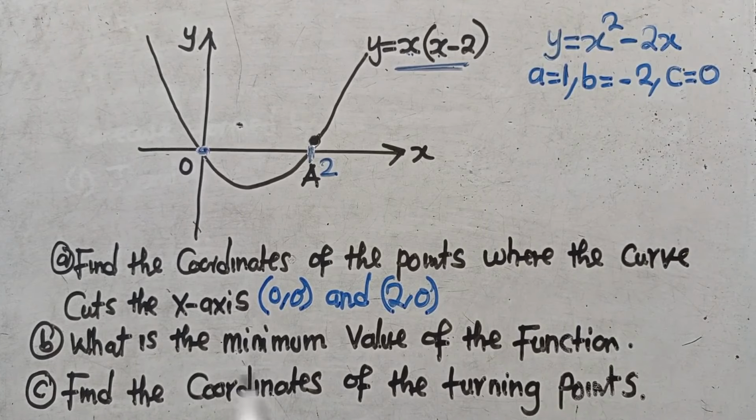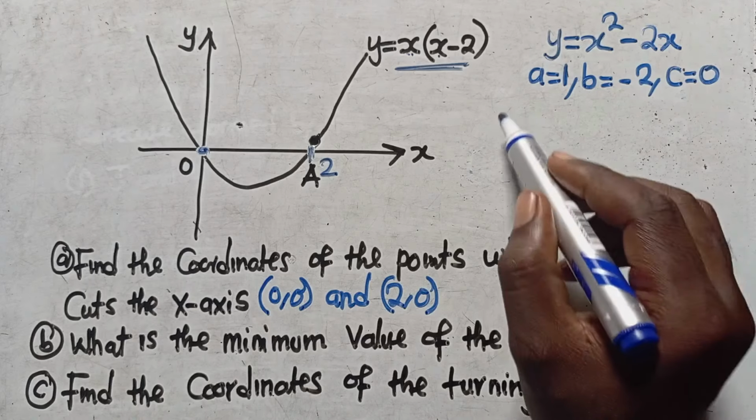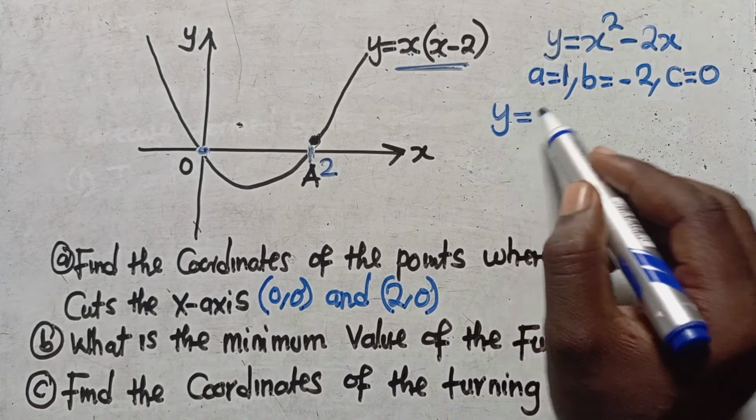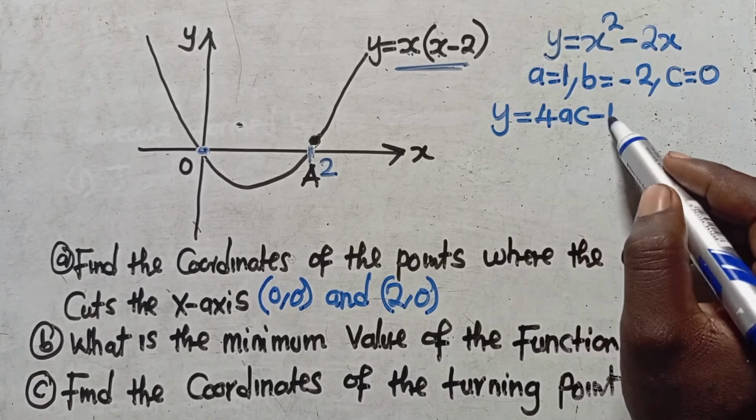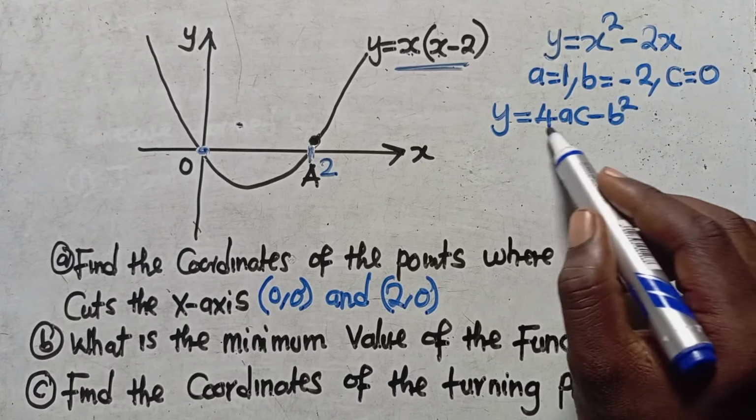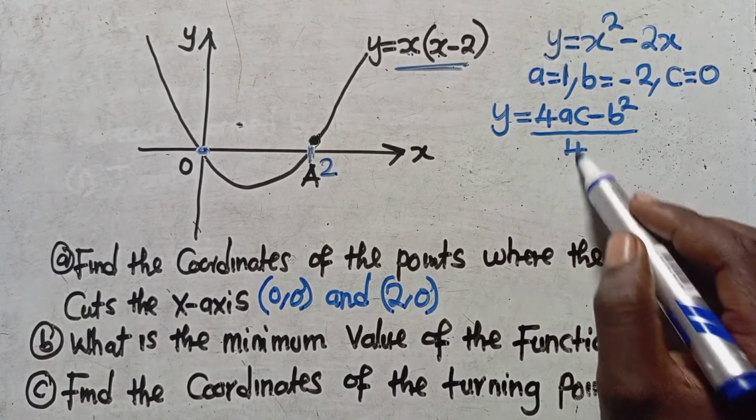So for you to find the minimum value of the function, we only have one formula that we get to use. So whether you are told to find the minimum value of the function or the maximum value of the function, you just need to understand one formula, which is y is equal to (4ac minus b squared) over 4a.